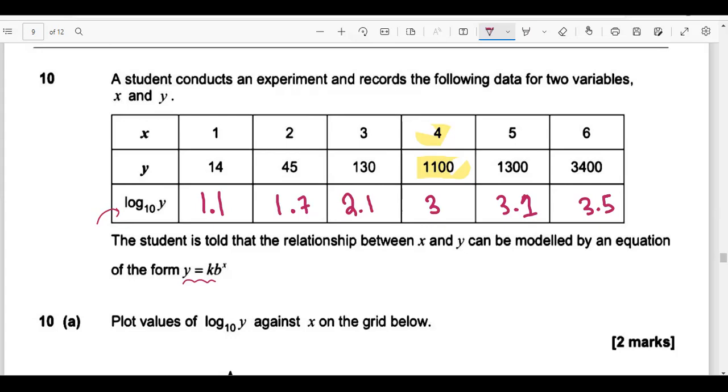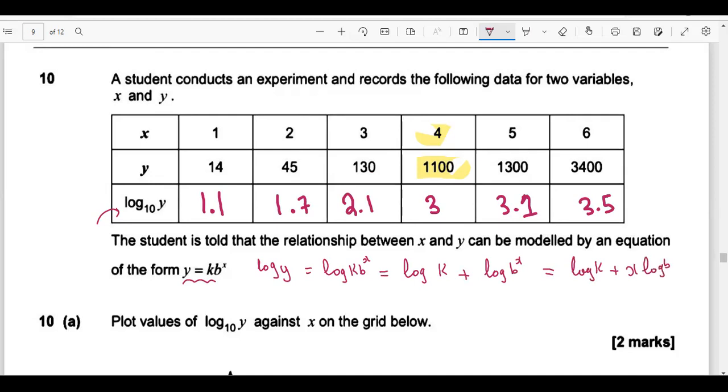Let me add log on both sides. So this would give me log y equals log k b^x. So this would give me log k plus log b^x, and finally I would get log k plus x log b.